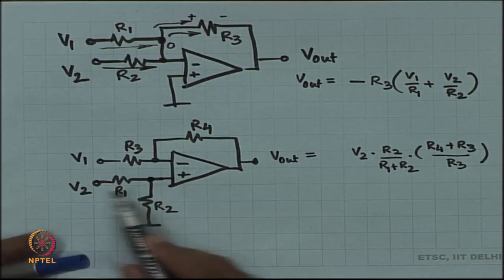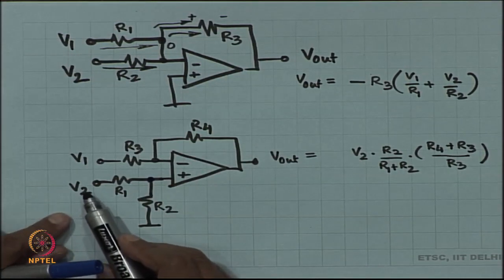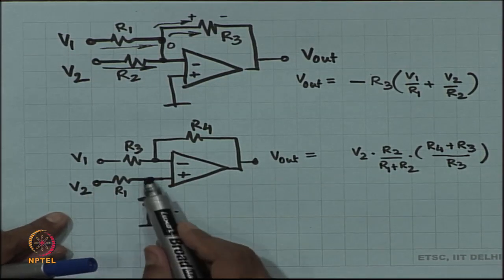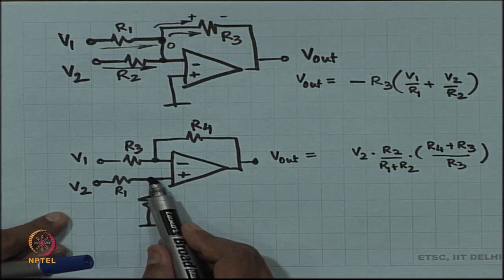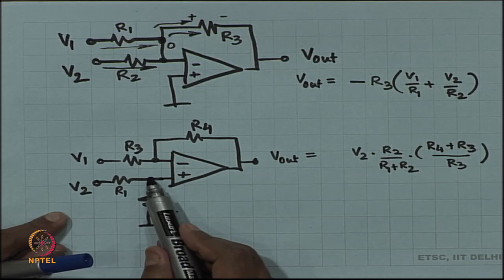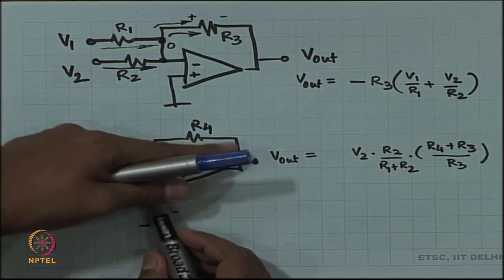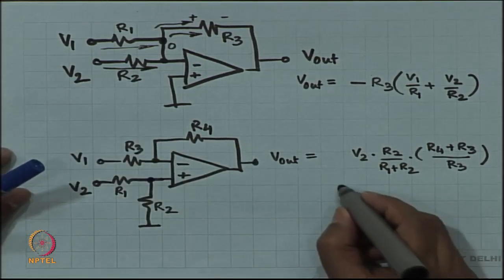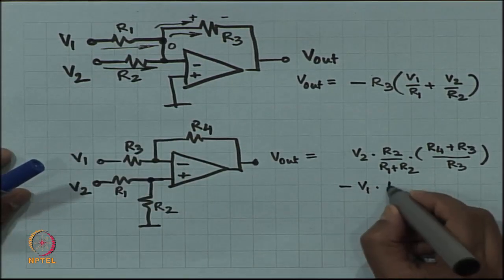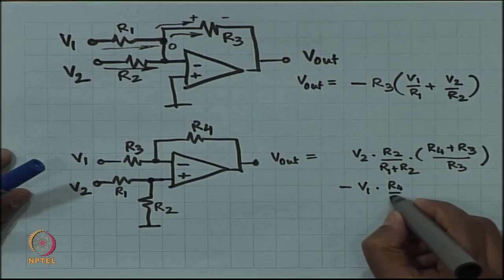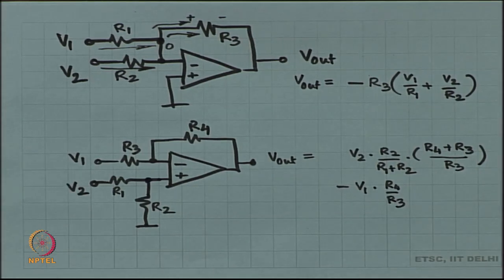When you do V1 to the output, V2 is going to be at ground, but then potential division will ensure that the voltage at the plus terminal is also 0 volts, right. So, with V1 it is just minus R4 by R3. So, this is the overall idea.